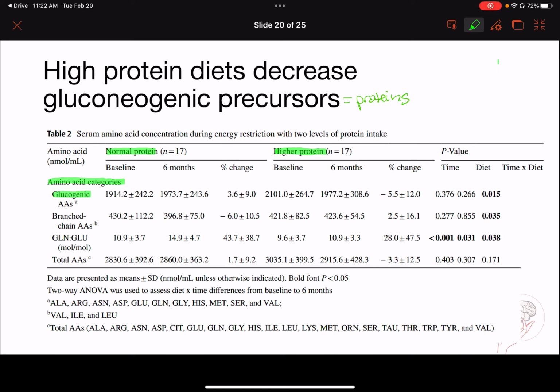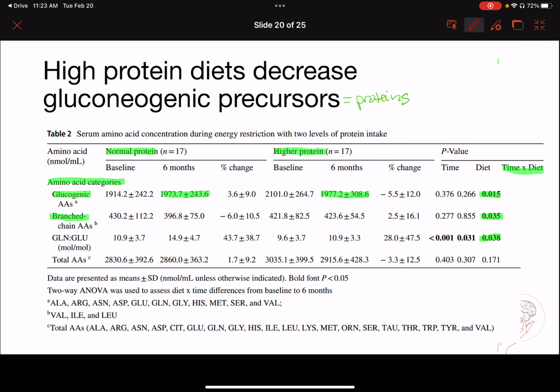The glucogenic, so it can be made into glucose, the branched chained. And if we look at this difference, these are all different by time and diet. So we see that for the gluconeogenic enzymes in the normal protein group, they increase. In the high protein group, though, they decrease.